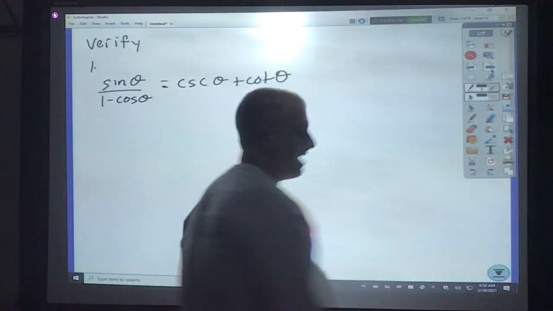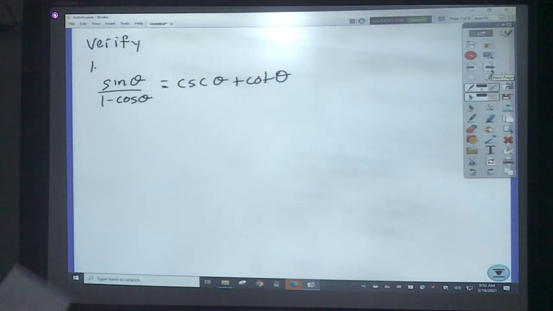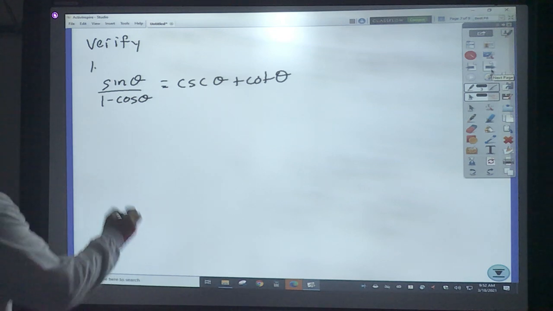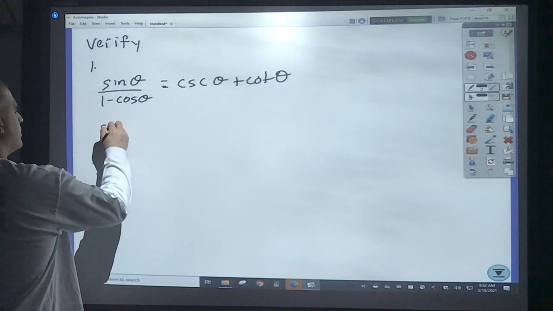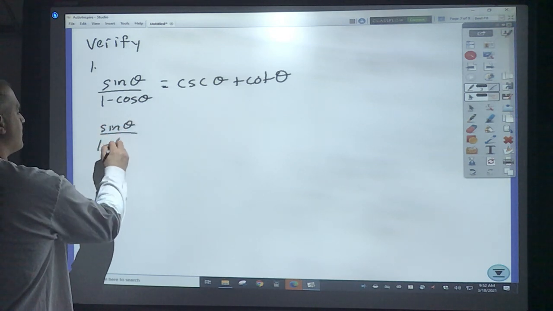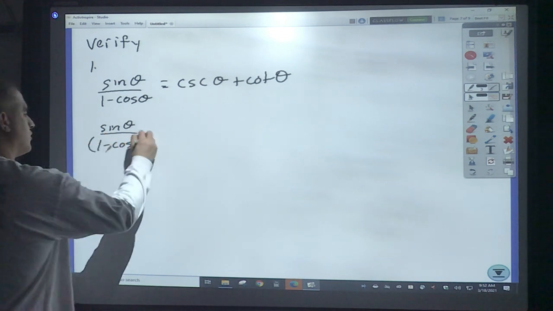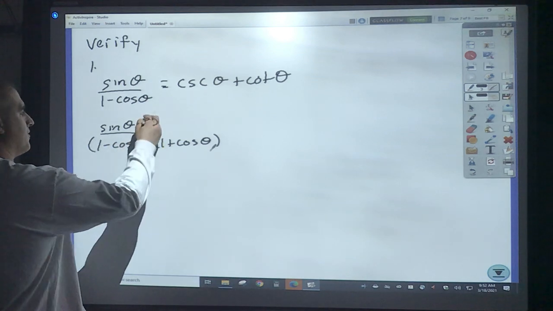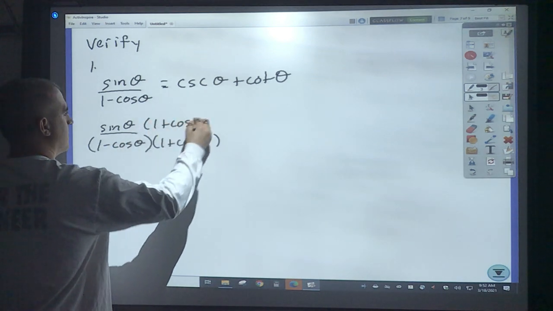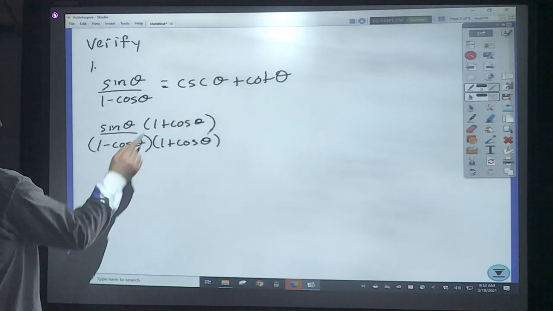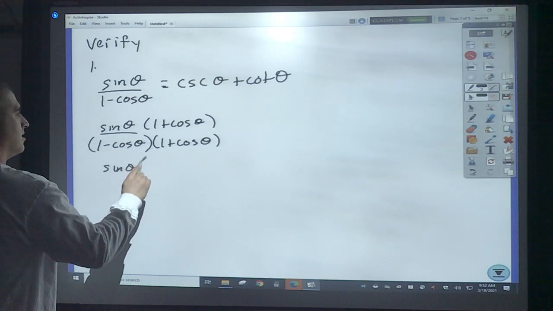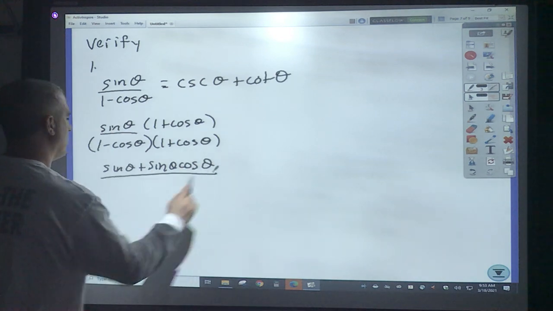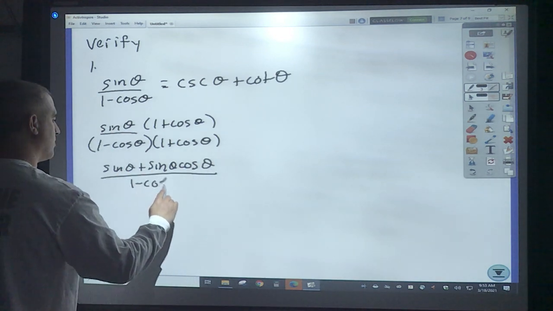All right, let's go on to the last thing. Now for this, I'm going to have to work with the fraction. It's sort of the same thing with difference of squares. What I'm going to do with this is try to create the difference of squares by whatever this is. So that is going to be sine of theta plus sine theta cosine theta all over 1 minus cosine squared theta.